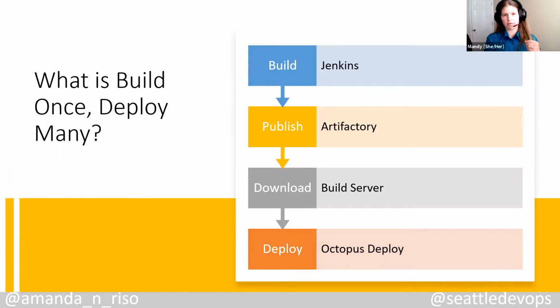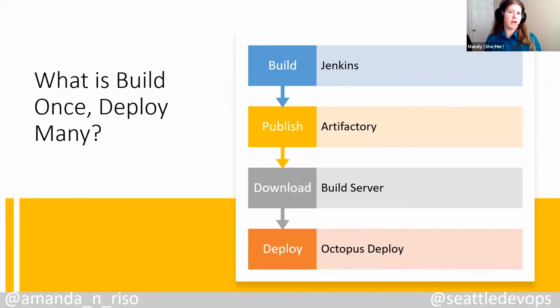You're not rebuilding it for every single environment. That way, if there's any differences in the environments themselves, you can typically rule out that it's your code that's the problem. But also, if you have QA users or production users and they are interacting with your application differently, you can get a different perspective from that. So that's a big reason why you want to go this route.